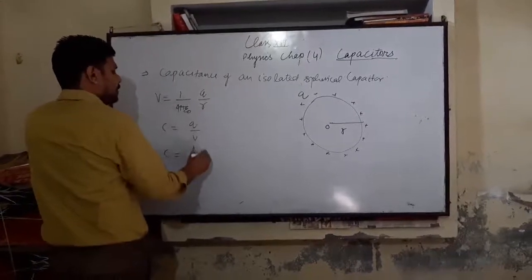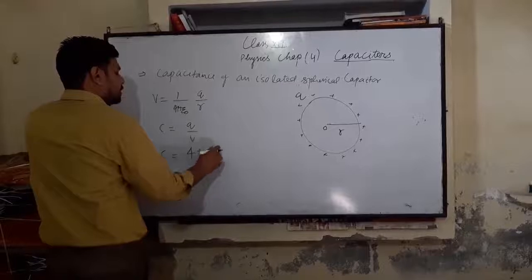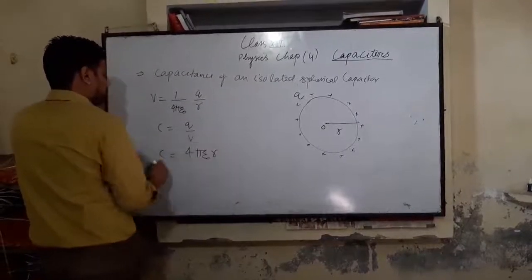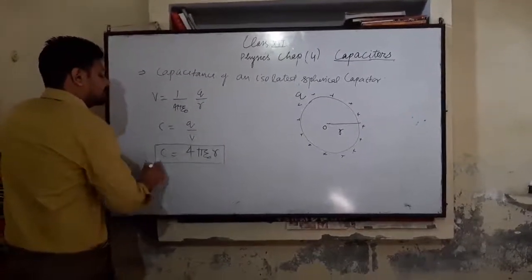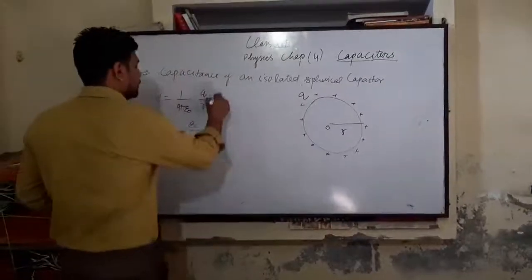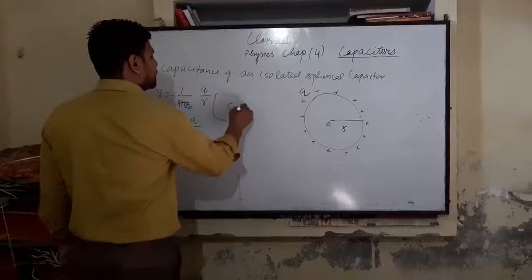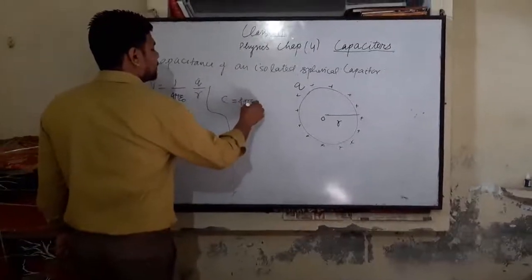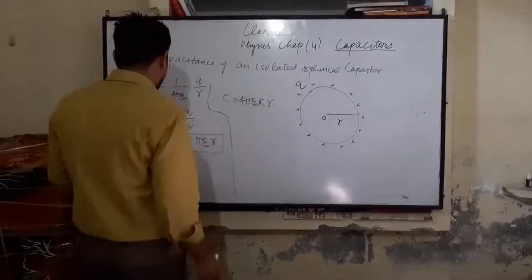So it comes 4 pi epsilon naught R. This is the capacitance when the medium is air. If we have another medium, then C is equal to 4 pi epsilon naught K into R.